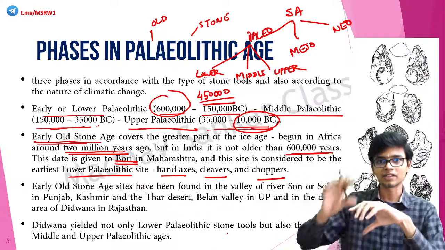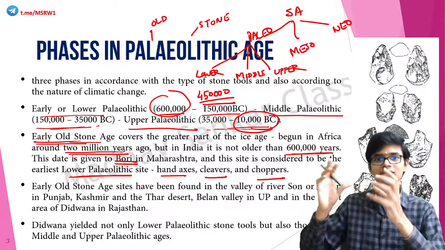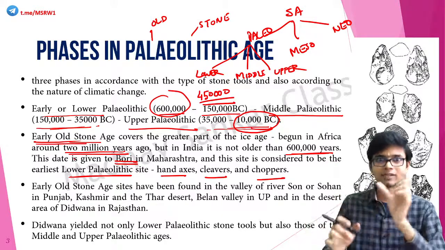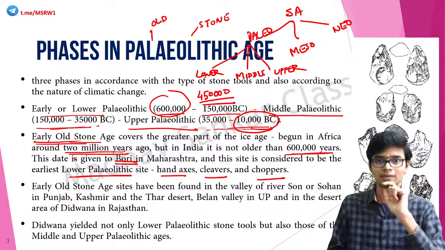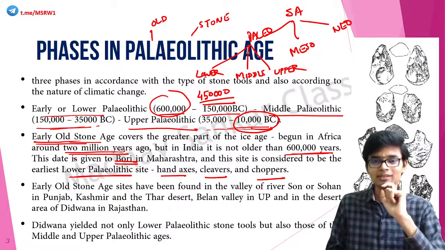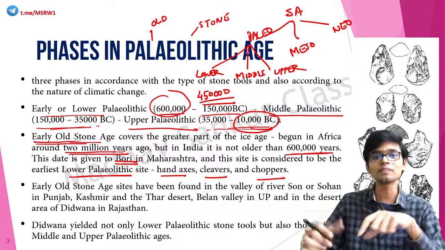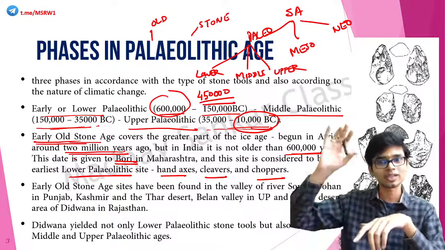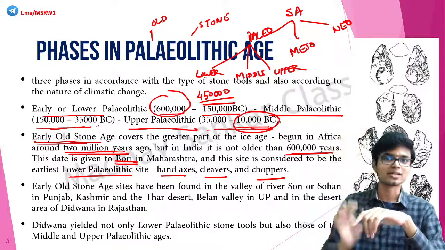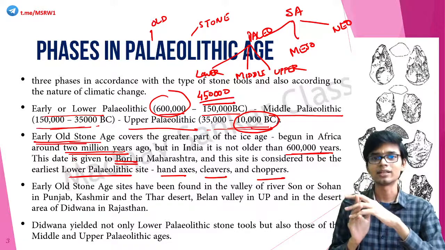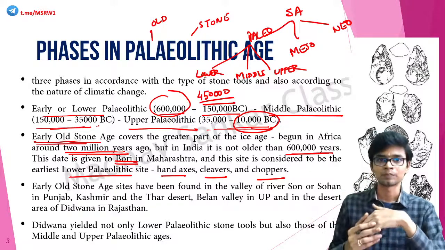We have the first or the oldest evidences of this lower Paleolithic age from this site called Bori in Maharashtra. That means we have evidences of tools from 600,000 years ago from Bori in Maharashtra. That is the oldest or the first estimate of the early Paleolithic period in India.